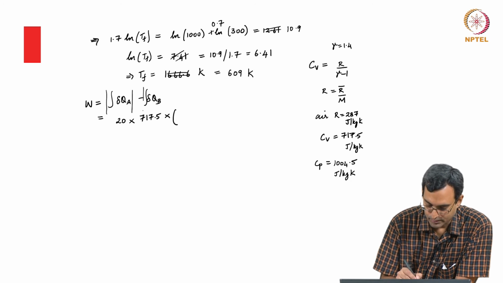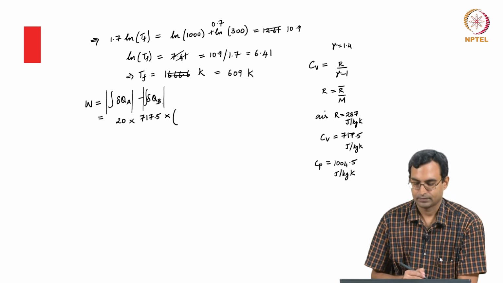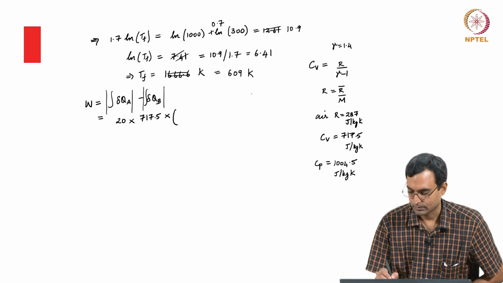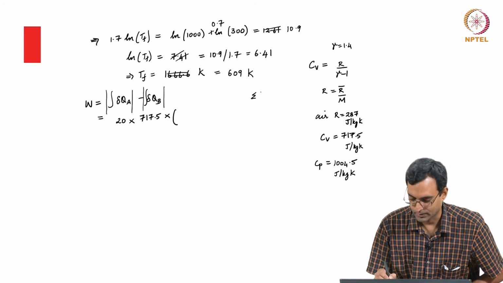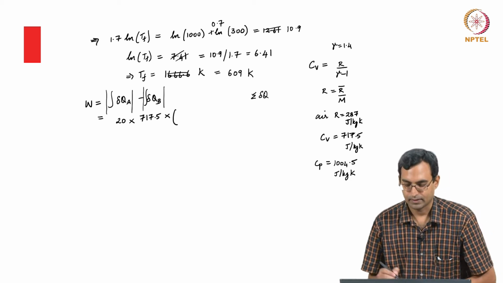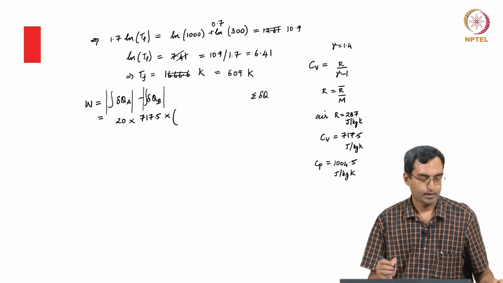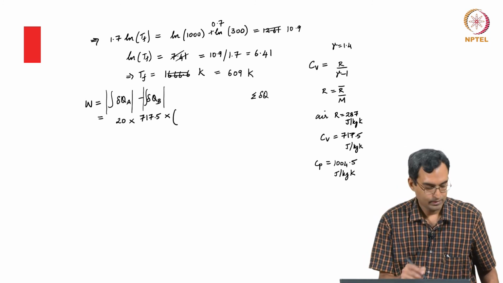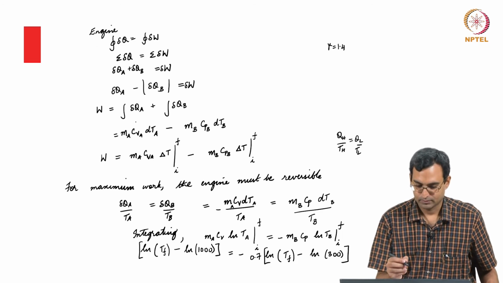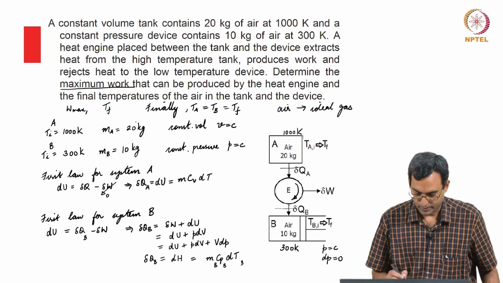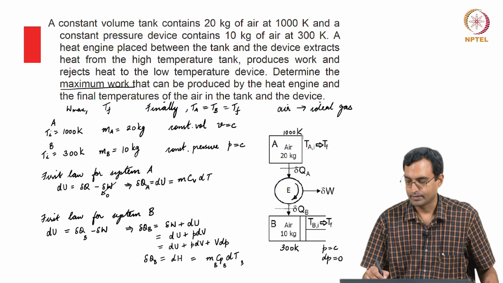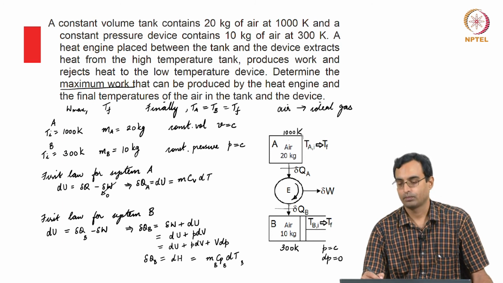So the work is mod of heat transferred in minus heat transferred out, or if I don't want to use the mod, I can just use sigma del Q. So del QA plus del QB, and that would be correct. But what I need to keep in mind is that initially when I wrote the del Q values, I wrote it for this system A and for this system B. So, as far as the engine is concerned, the signs would be reversed.